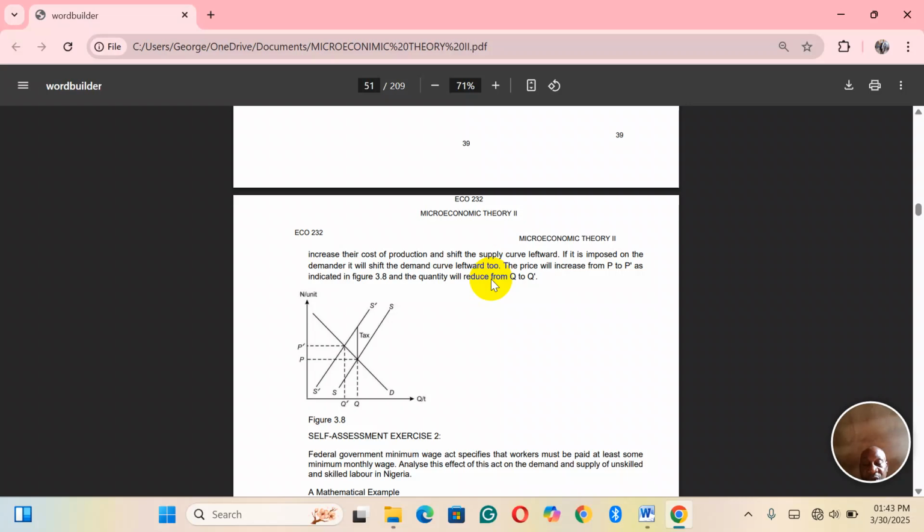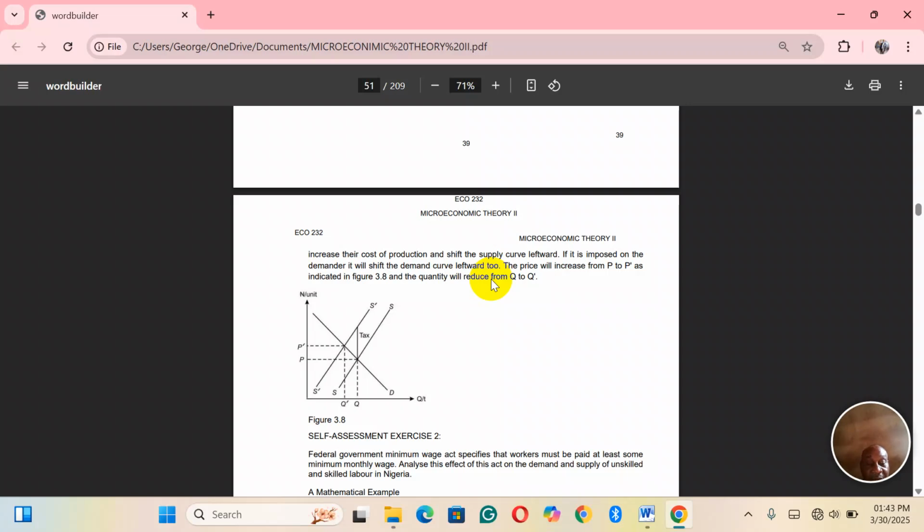If it is imposed on the demander, it will shift the demand curve too. The price will increase from P to P prime, as indicated in figure 3.8, and the quantity will reduce from Q to Q1.